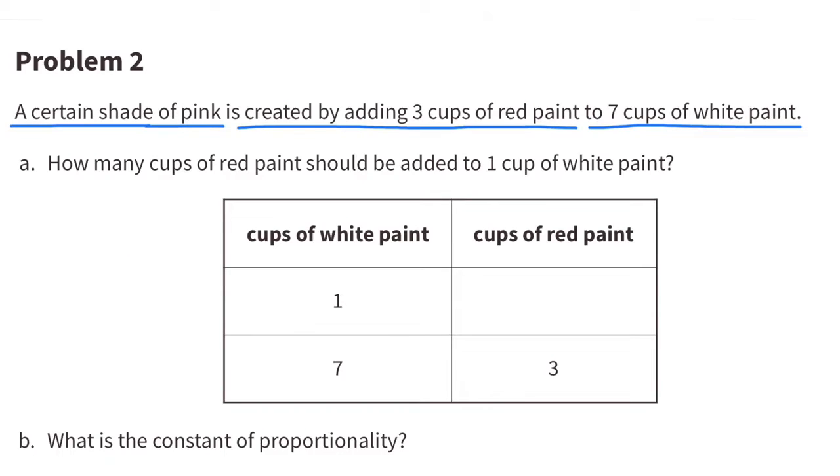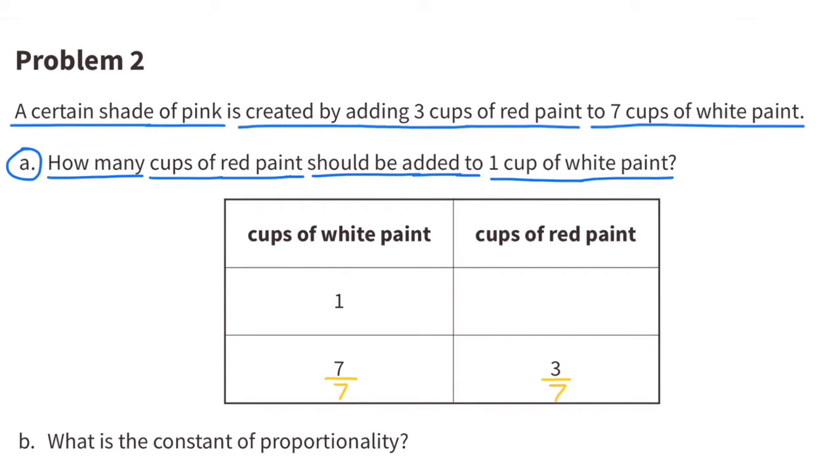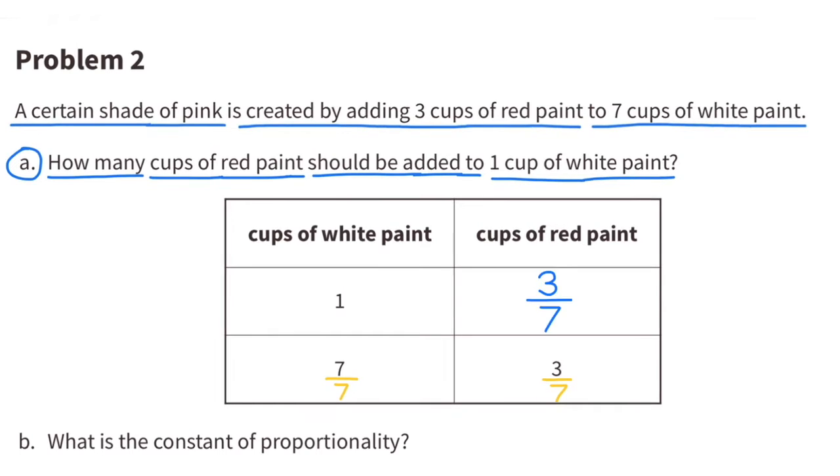Number 2. A certain shade of pink is created by adding 3 cups of red paint to 7 cups of white paint. A. How many cups of red paint should be added to 1 cup of white paint? 7 cups of white paint divided by 7 equals 1 cup of white paint, and 3 cups of red paint divided by 7 equals 3/7 cups of red paint.